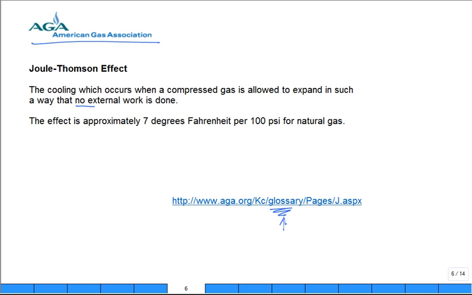Not only is there no external work, there's no heat transfer. True? It's an isenthalpic process. No heat transfer. Adiabatic. All right. And then they also say the effect is approximately 7 degrees Fahrenheit per 100 psi for natural gas.